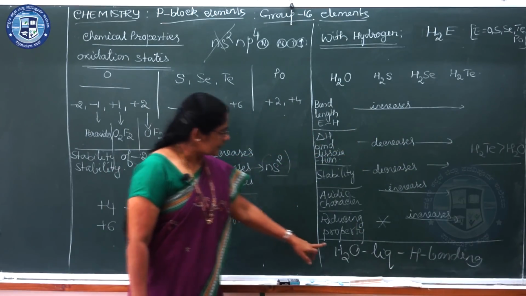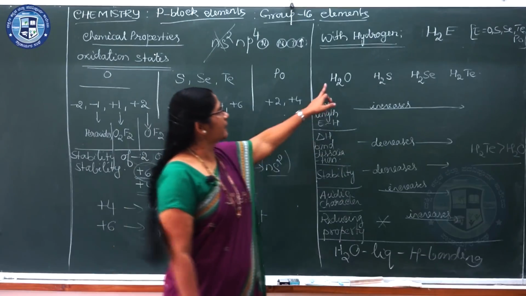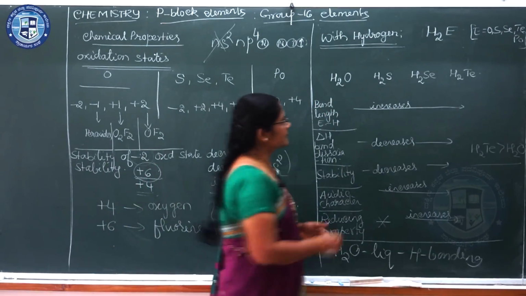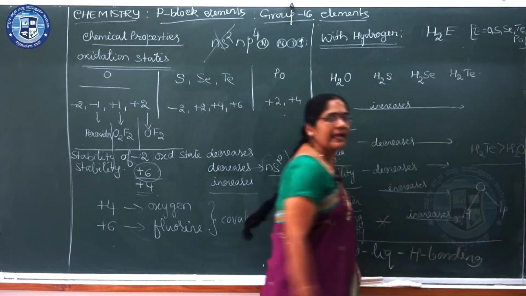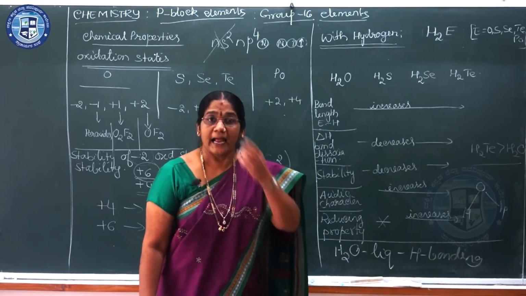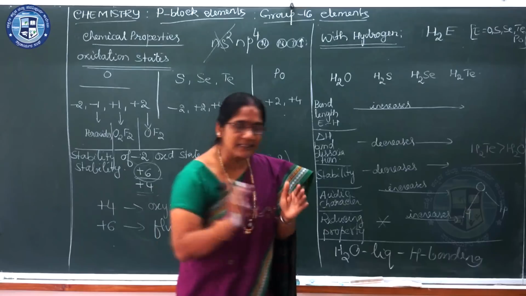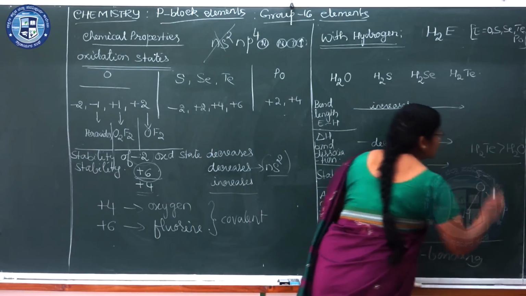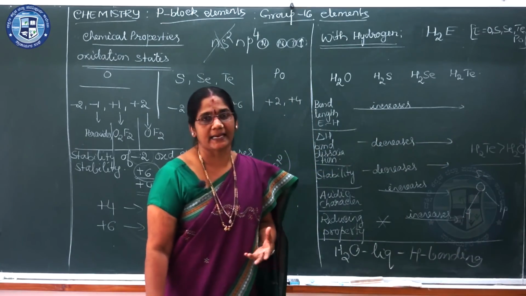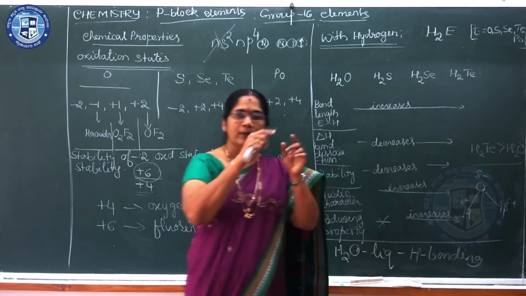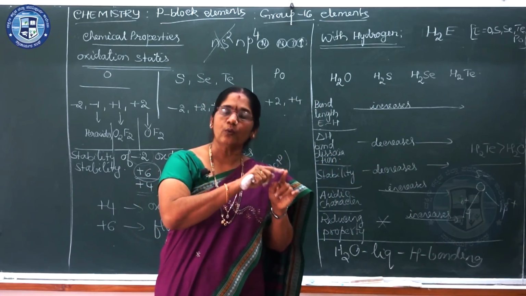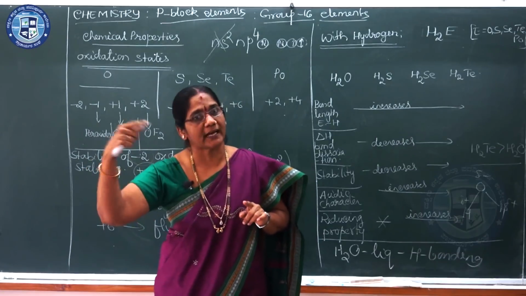Then there is one more property I want to discuss about water. In water, as you have studied last year, because of the high electronegativity of oxygen and its very small size, it attracts the electron pair and the covalent bond gets polarized. When these develop partial charges, the negative oxygen of one water molecule attracts the hydrogen of the other molecule.